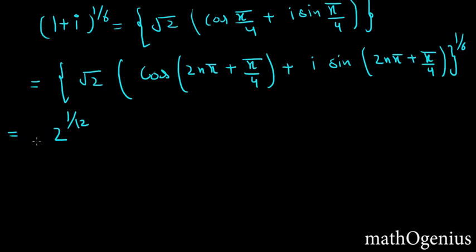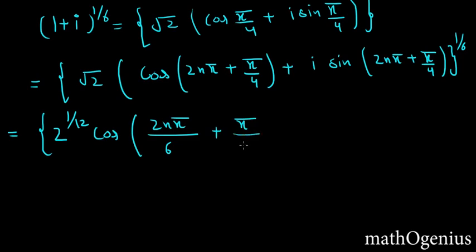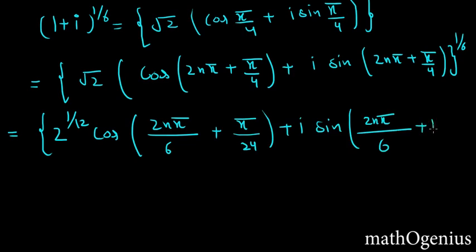So then it's cos, and here we do the same thing: 2n pi multiplied by 1 by 6 is 2n pi by 6, plus pi by 4 multiplied by 1 by 6 is pi by 24, since 6 4s are 24, plus iota sine, same thing in here, 2n pi by 6 plus pi by 24.